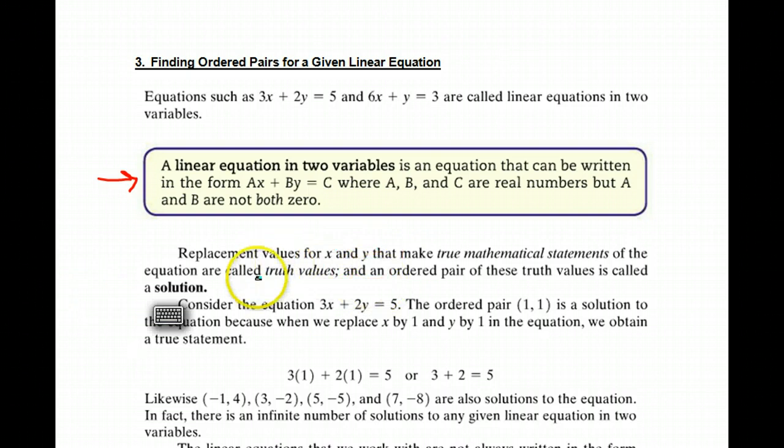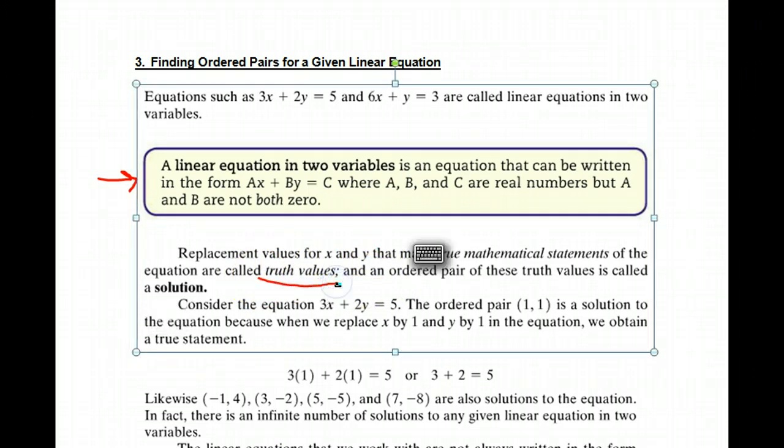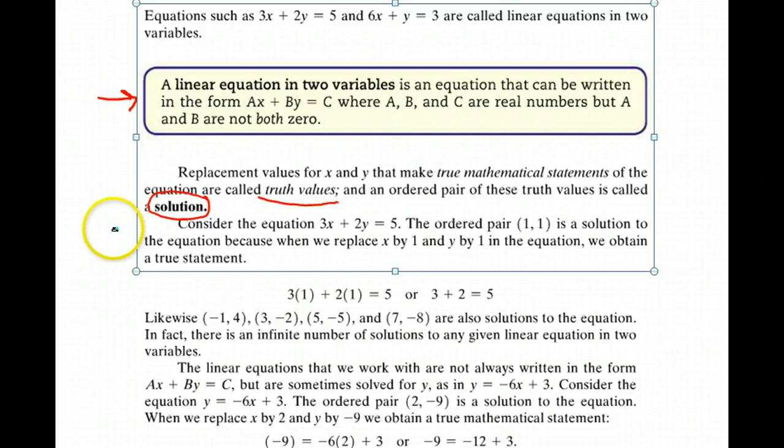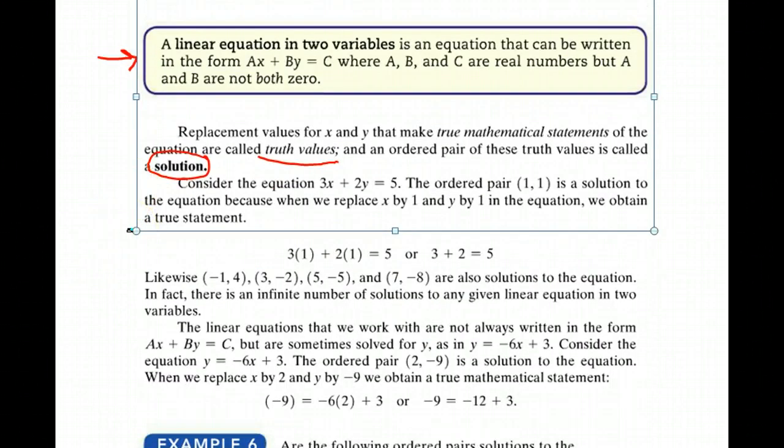And an ordered pair of these values is called a solution. So when you plug in x and y values and you end up with a result that is true, and that result makes an ordered pair, that ordered pair is a solution to your equation. That's what that paragraph is saying there.